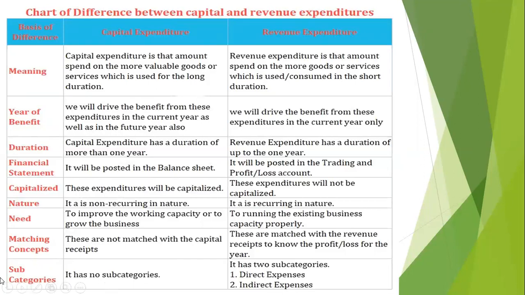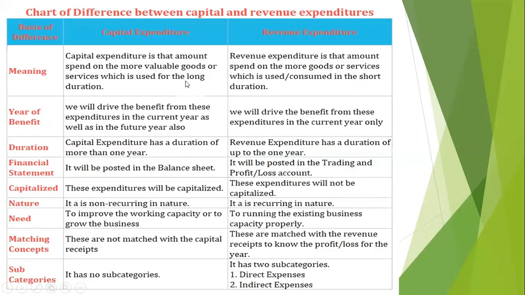So look at the basis. The very first basis we are going to discuss is meaning. Capital expenditure is the amount spent on more valuable goods or services which are used for a long duration. On the other hand, revenue expenditure is the amount spent on goods or services which are used or consumed in a short duration. So over here, long duration and short duration is the important point.